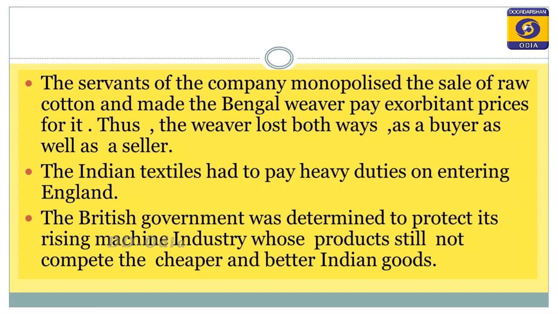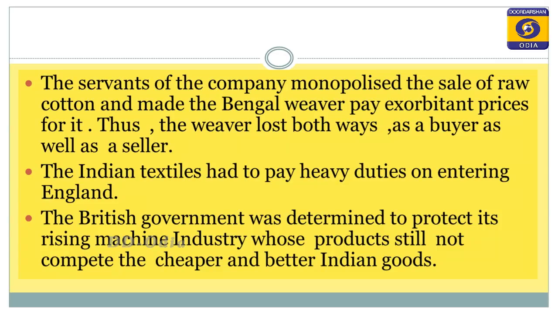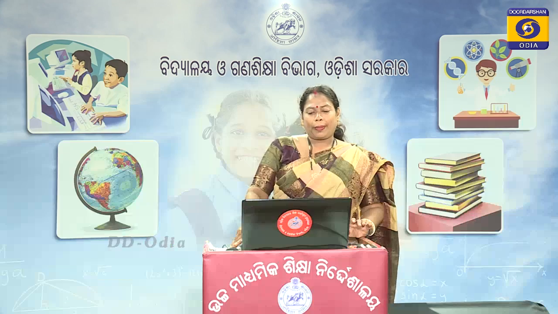The Indian textiles had to pay heavy duties on entering England, because they were taxed heavily by the British government, and the British government was determined to protect its rising machine industry, whose products could still not compete with the cheaper and better Indian goods.